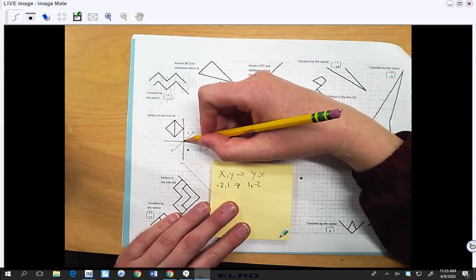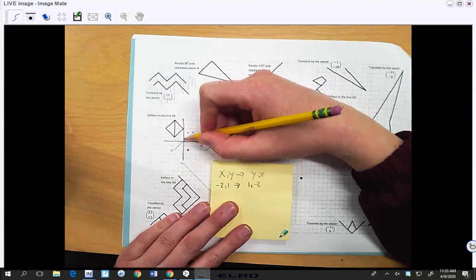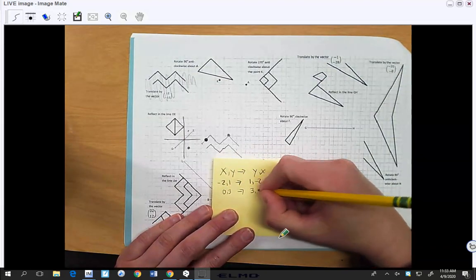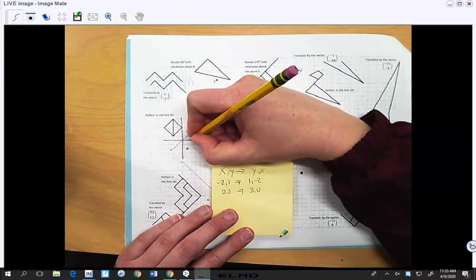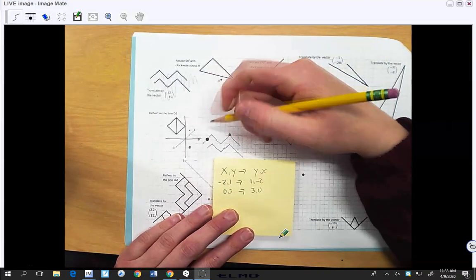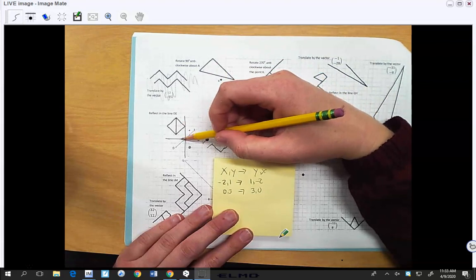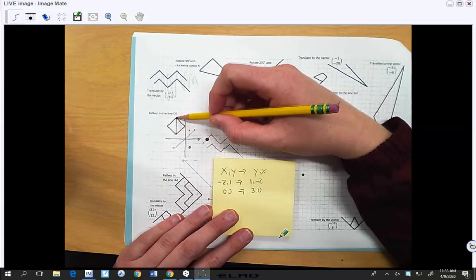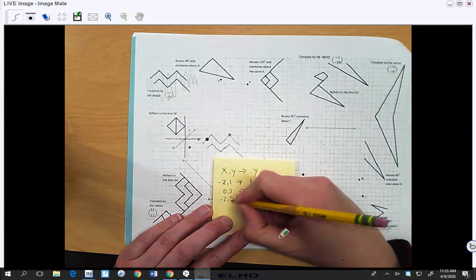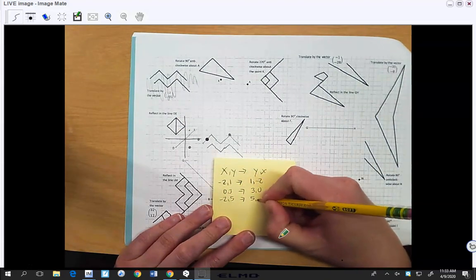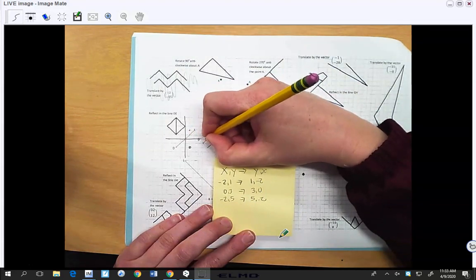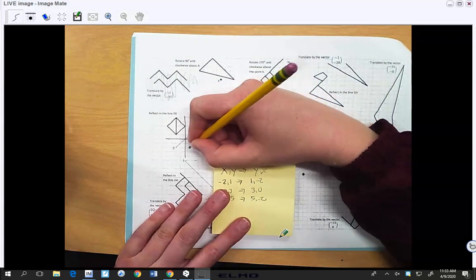This one is 0, 3. 0, 3 becomes 3, 0. This point right here is negative 2, 5, which becomes 5, negative 2: 1, 2, 3, 4, 5, negative 2.